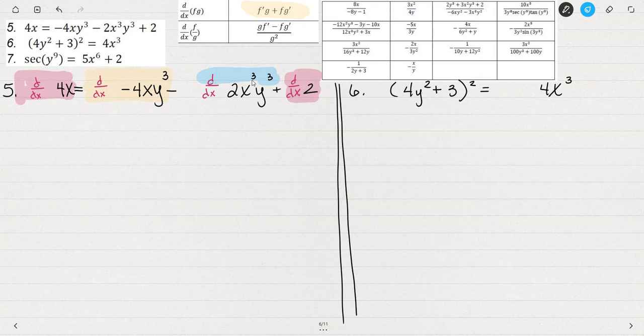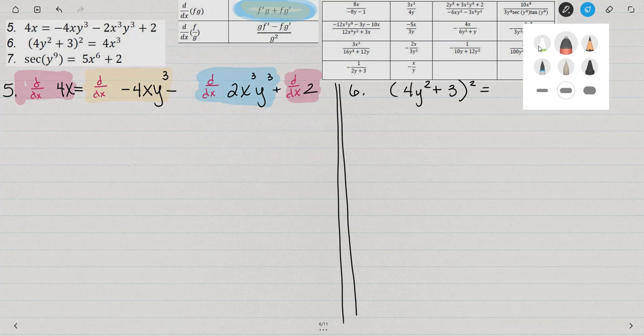Same thing with the 2x cubed y cubed. We could think of it as 2 times the derivative with respect to x of this product of x cubed and y cubed. So those two pieces are going to take a little bit more. Let's jump in and get started here.